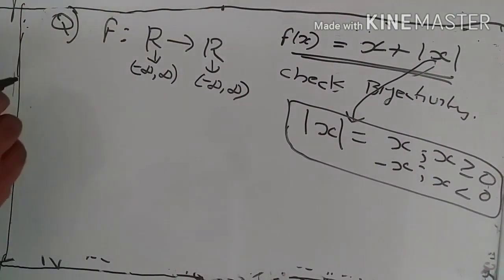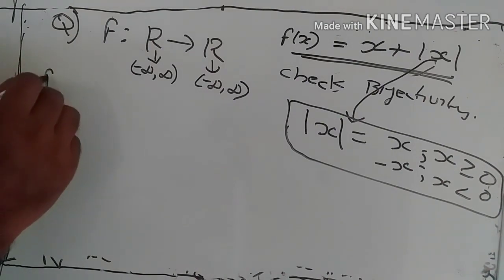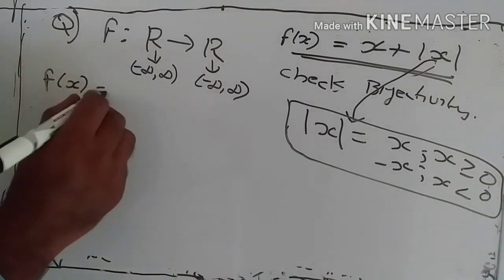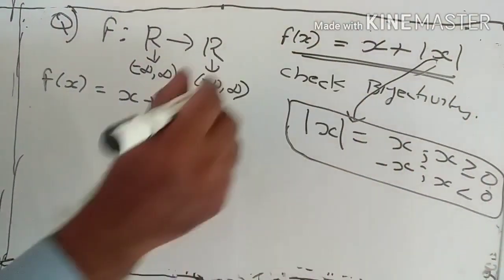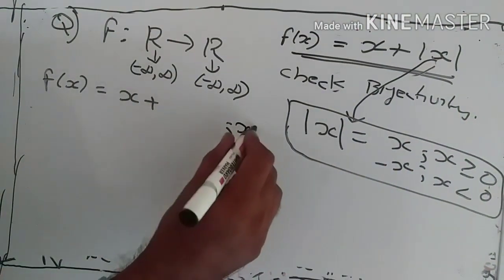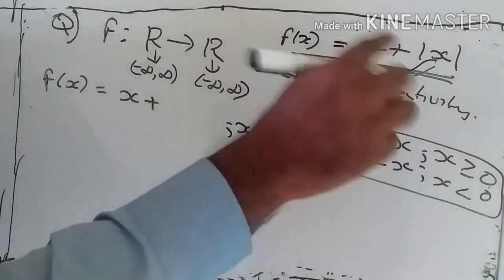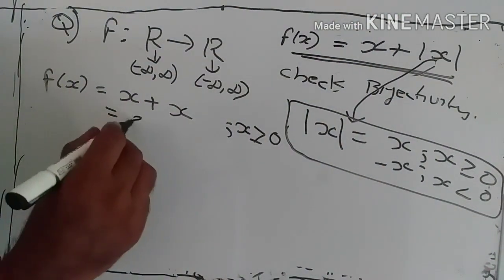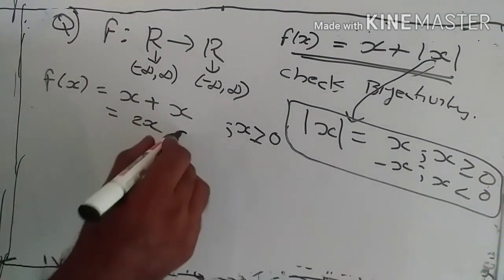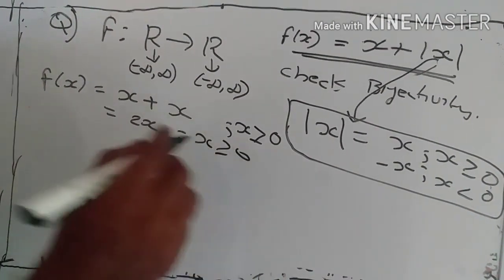Now what is f of x? F of x is equal to x plus mod x. For x greater than or equal to 0, mod x becomes x. That is equal to 2x for x greater than or equal to 0.